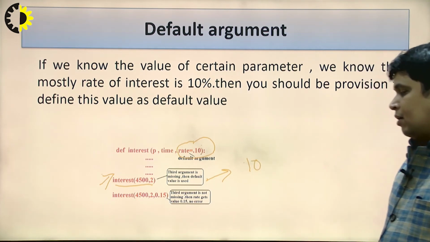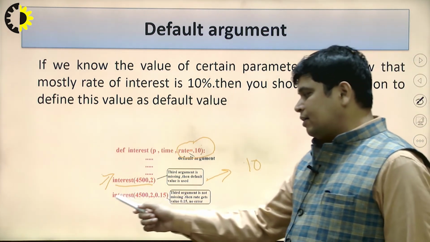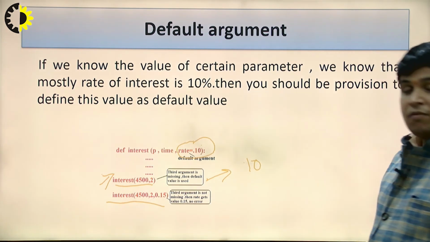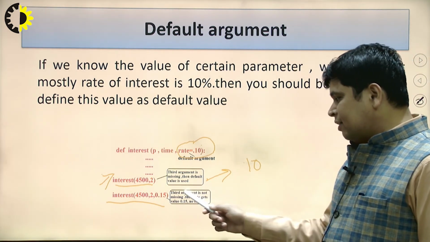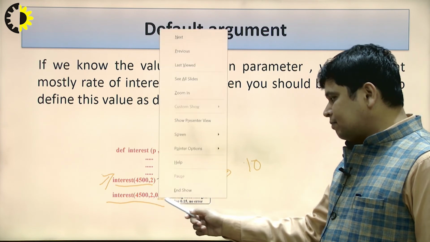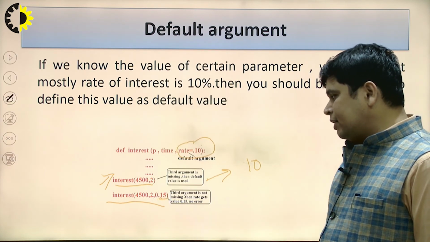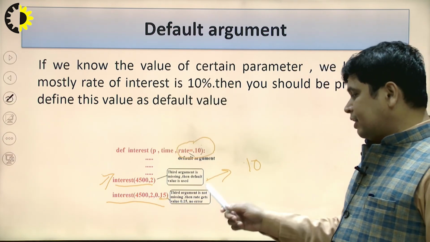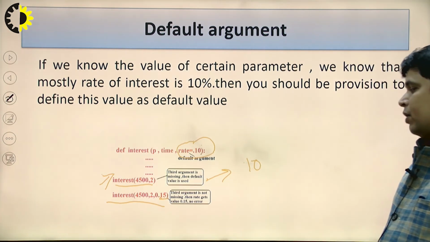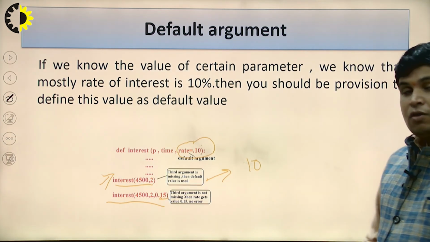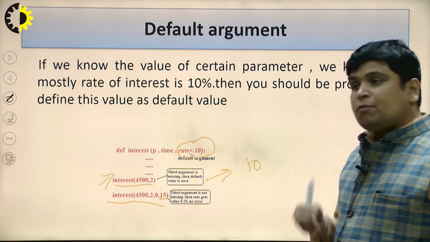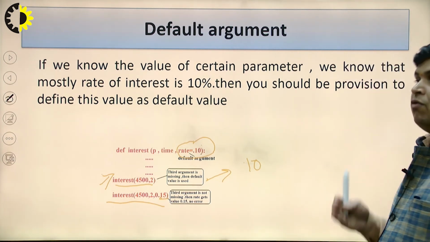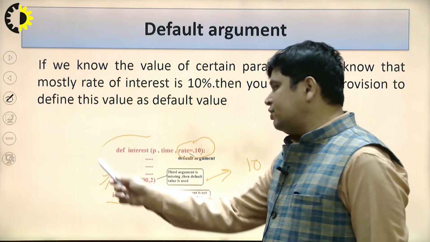Okay. But in the second call, the name of the function is interest. Okay. In this scenario, you will see here, the third argument is not missing. Then rate gets the value 0.15. No error at all. Okay. In this situation, if you pass the value, then that value will be used by the function definition.